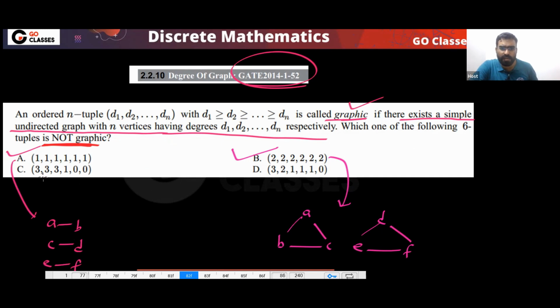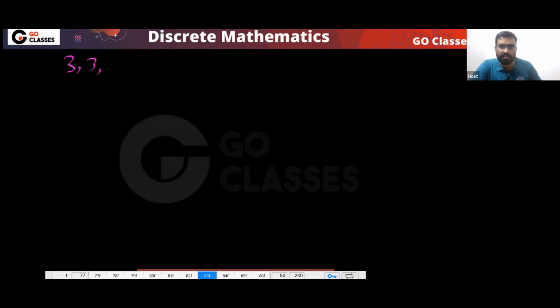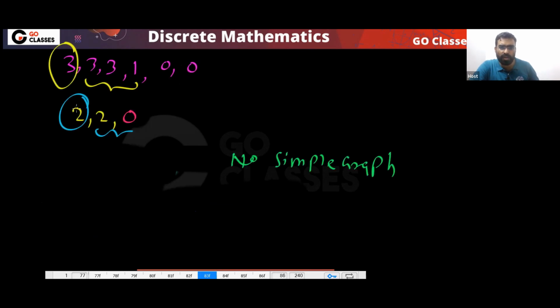Next, let's check this one, 3, 3, 3. Apply the Havel Hakimi. The 0 you don't have to worry about. If you delete the first 3, then from the next three, if I delete this 2, then I will get 1 and -1.